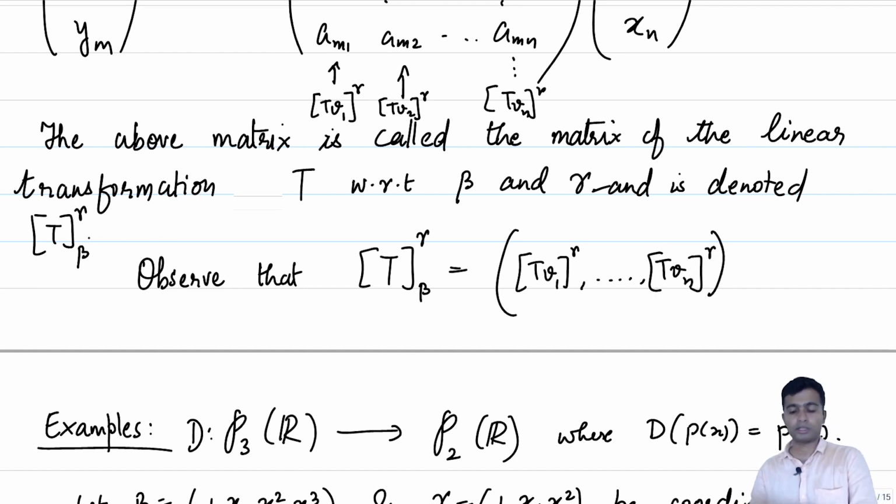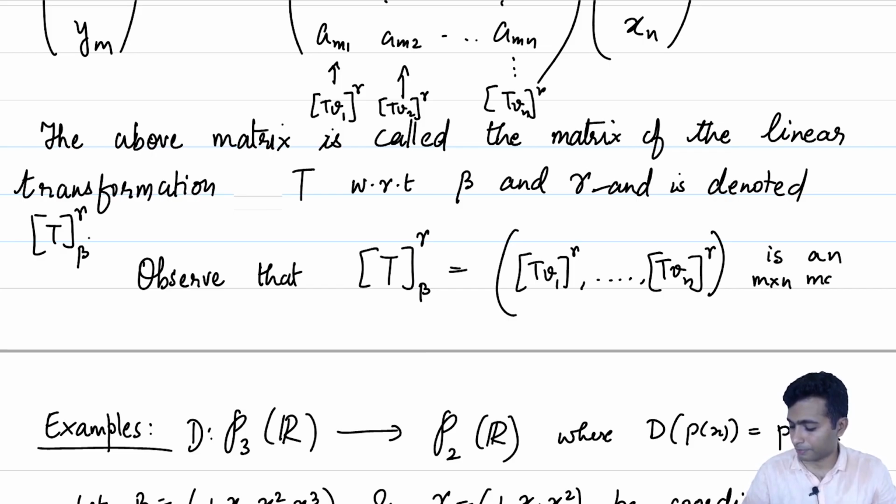So this is an M cross N matrix. So the columns turn out to be the coordinate vectors of the basis vectors from the coordinate basis beta of V mapped to W and written in terms of a coordinate basis in W.